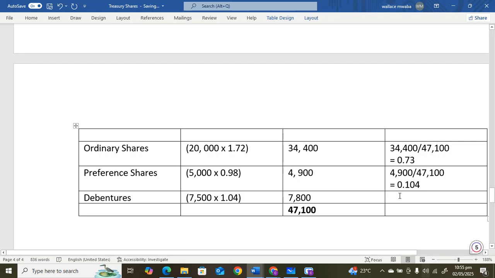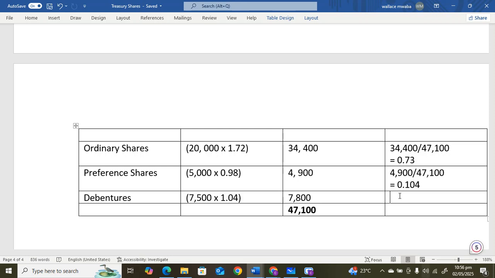Then Madam Veronica, for debentures. Okay, Mr. Mpasa.